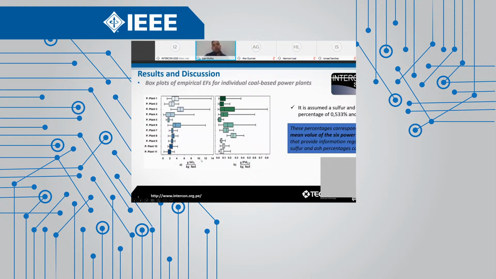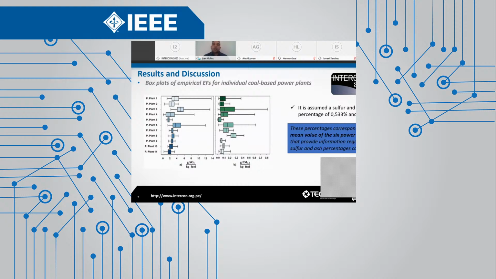Here we have SO2 and PM2.5. We also need to estimate, because this emission factor depends on many factors. Some of these factors are the sulfur content and oxygen percentage, and we based this calculation on these two assumptions, using mean values of the six power plants for which we have this information available.